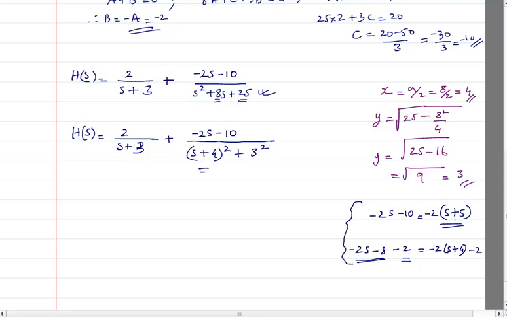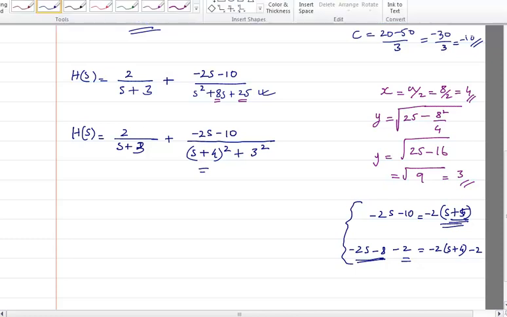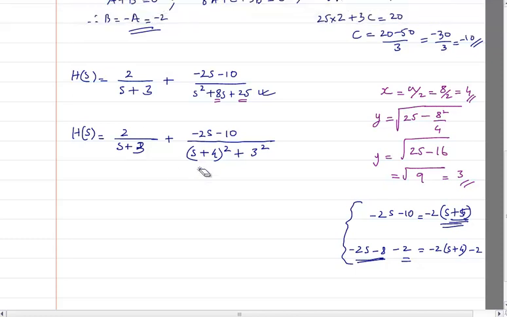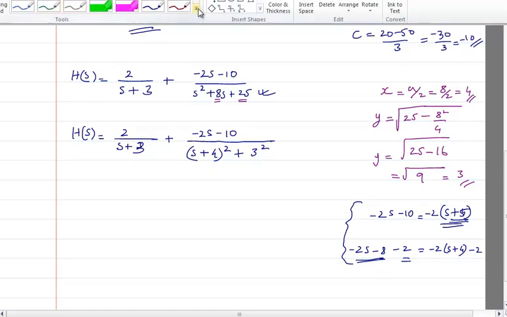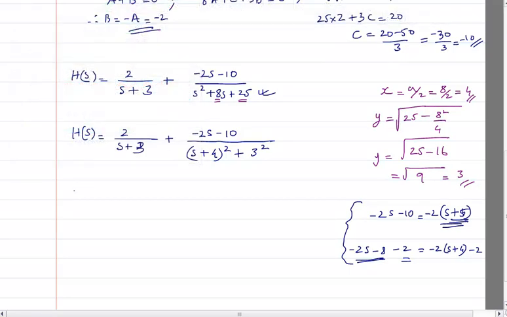You see that this is going to be s plus 2, s plus 5, but in the denominator you have s plus 3. That is the reason why I have written it like this. It's just a simplification process so that I get the answer in the desired form. So H of s is going to be equal to 2 by s plus 3 plus minus 2s minus 8 minus 2.